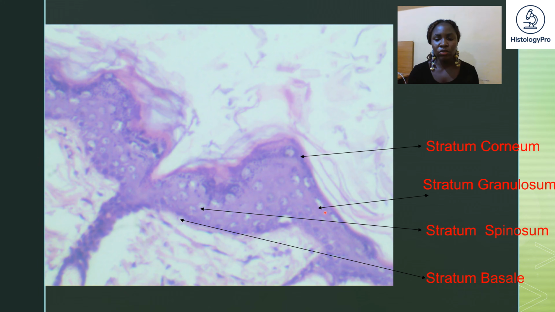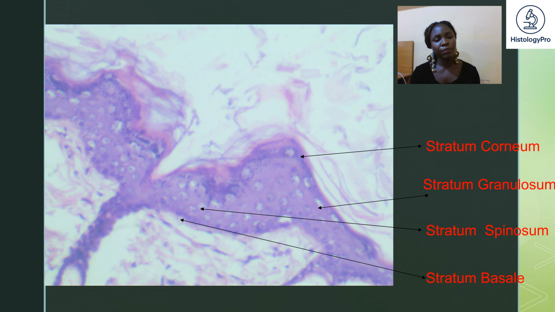The next is the stratum granulosum, and we have the outermost layer, also known as the stratum corneum, which is filled with keratinized dead cells. You can see the keratinized layer. These are the keratinized protein, the dead cells, in the superficial layer. So this is how keratinized stratified squamous epithelium looks on a slide.